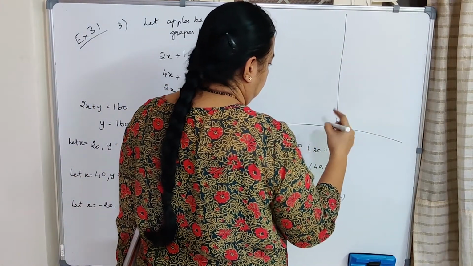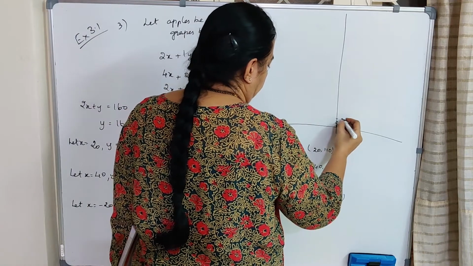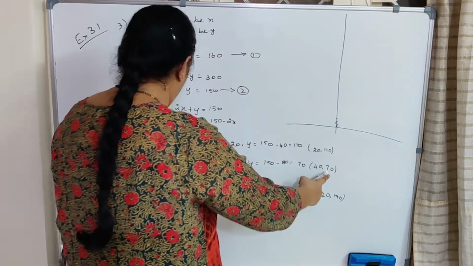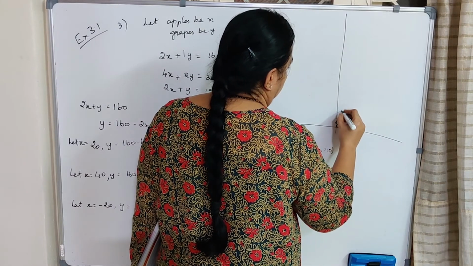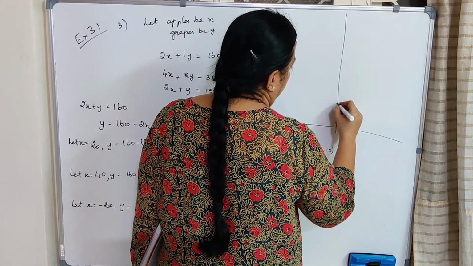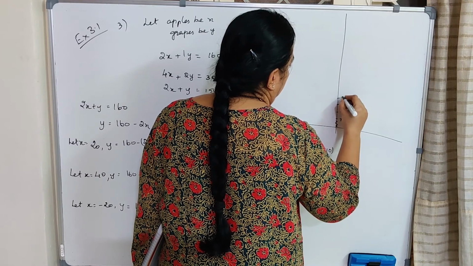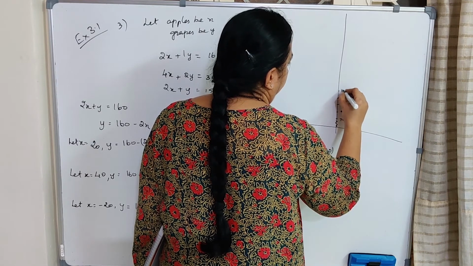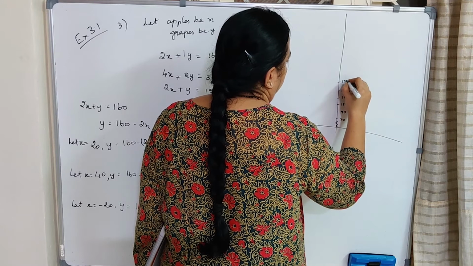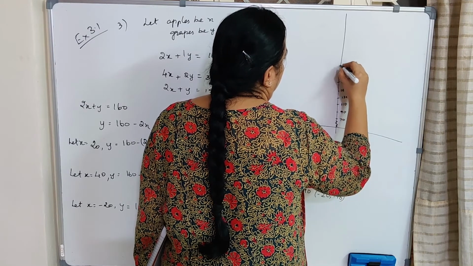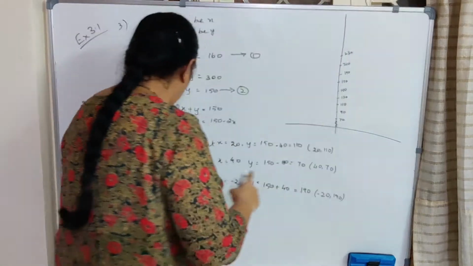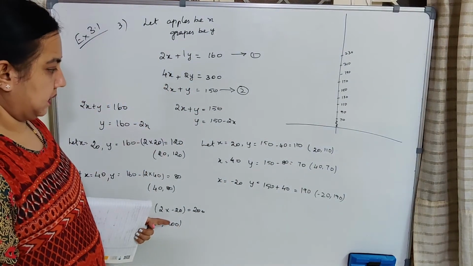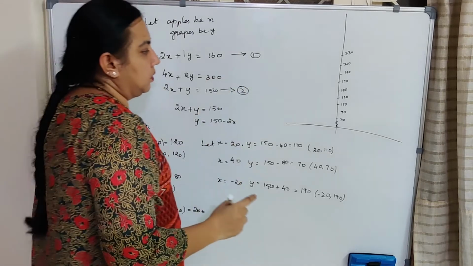I will mark 2 numbers at a time, starting with 70: 70, 90, 110, 130, 150, 170, 190, 210, 230. We end with 200, which is the highest number, so I am going up to 230.